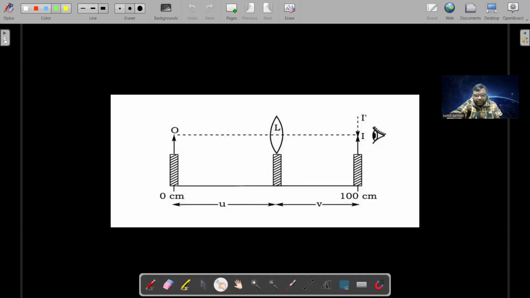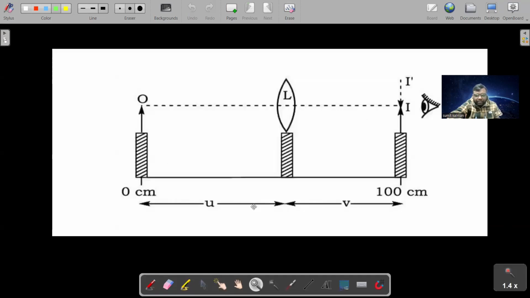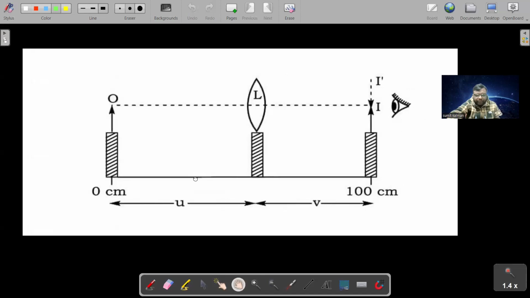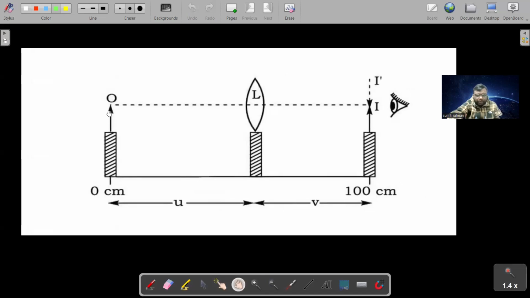As you can see here, this is the setup of object O, lens L, and image pin. Here O is the object pin, L is the lens, and here it is the image pin, and it is a no parallax setup. You can see the tip to tip is matching here. So it is the no parallax method.